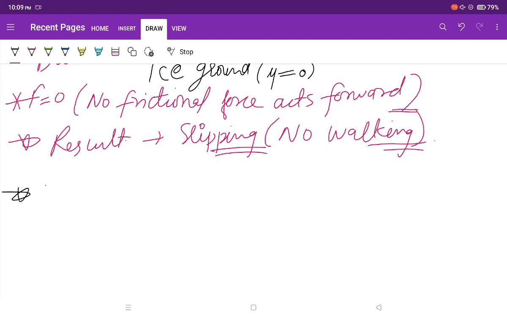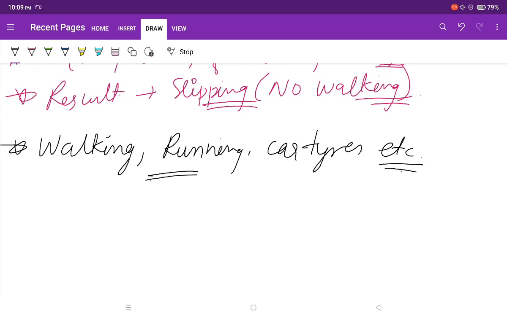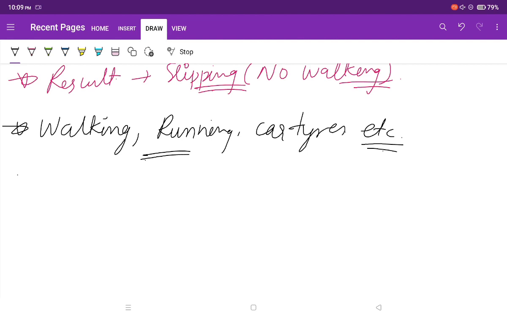We have multiple examples where friction helps: walking, running, climbing stairs, car tires, etc. Right? All require friction. So what is the key concept here?